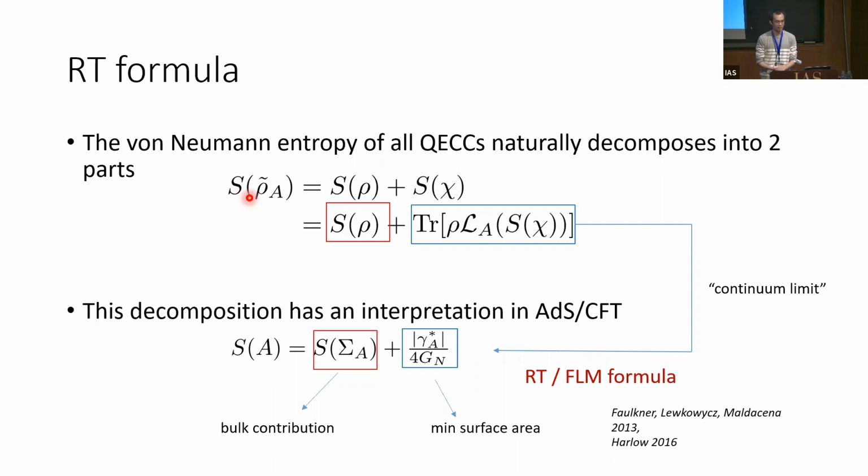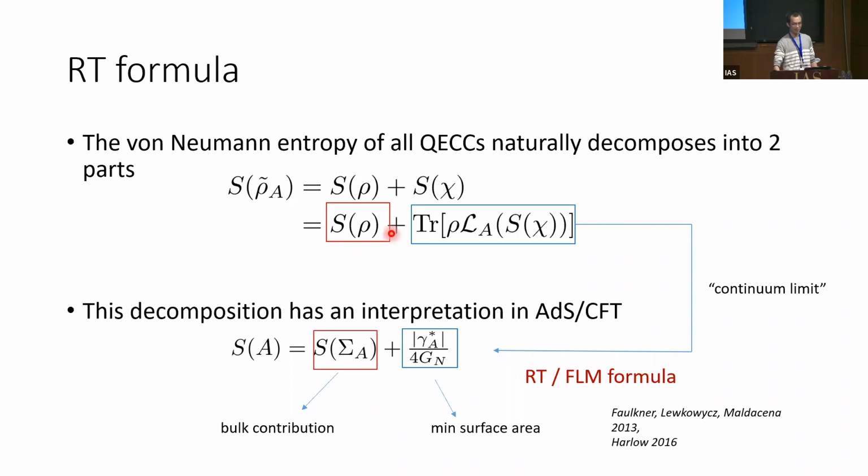So that would turn this formula into an entropic relation, where the left-hand side is simply the entropy of some physical subsystem, and the right-hand side divides into 2 pieces. First is the entropy of the encoded information, and the second is the entropy of this leftover piece. But there's a natural correspondence with AdS/CFT, especially when the code is built on a tensor network, so your code also looks like it has some geometry.